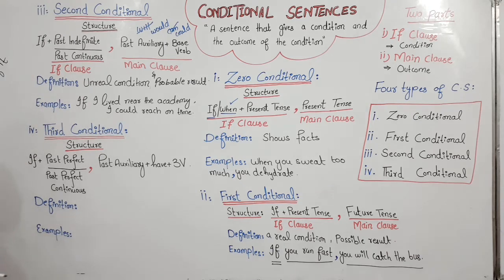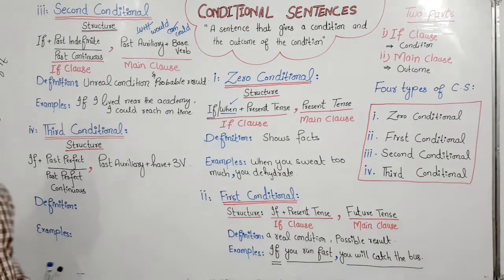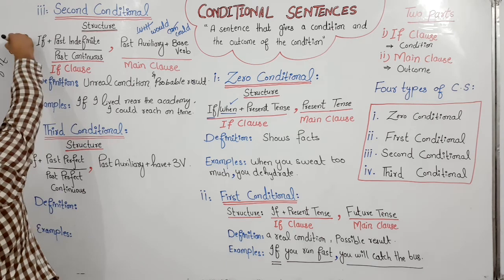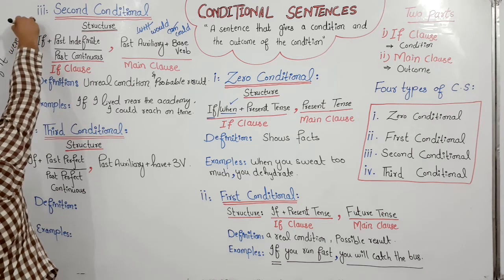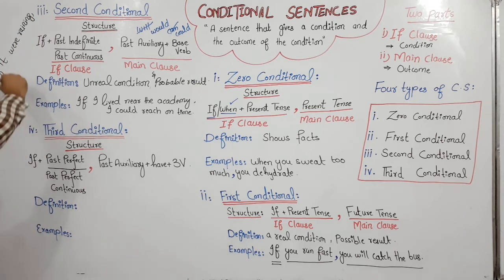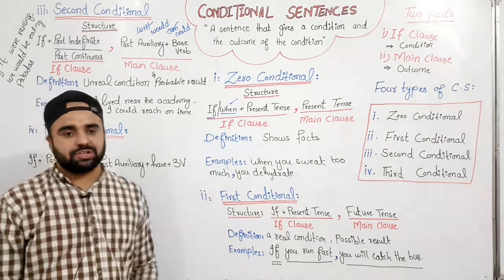But do remember, in the second conditional sentence, you will use were instead of was, right? So if it were raining, we would be eating pakoras. Right? If it were raining, we would be eating pakoras.